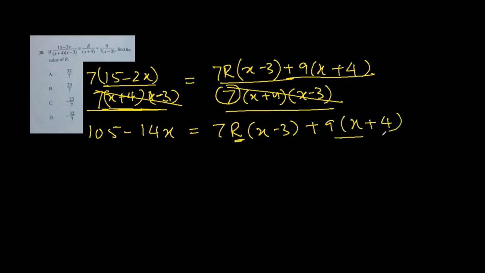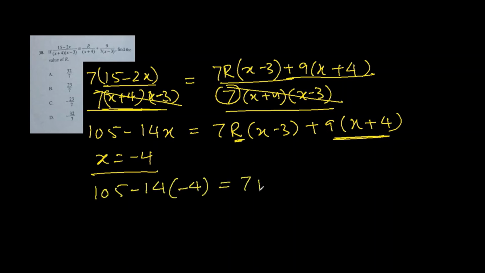Now we want to find the value of r, so we should eliminate the other term somehow. Let's assume that x equals minus 4. This whole equation is talking about the same x, so it should satisfy the whole equation. Substitute minus 4 in the whole equation: 105 minus 14 times minus 4 equals 7r(minus 4 plus 4) plus 9(7 times minus 4 minus 3). Because minus 4 plus 4 becomes 0, that whole part becomes 0. That was the purpose of choosing minus 4.